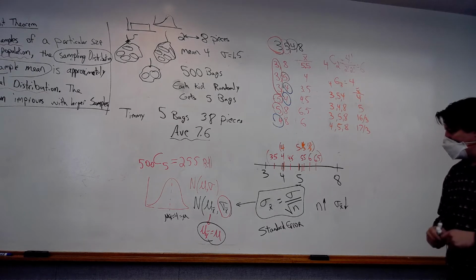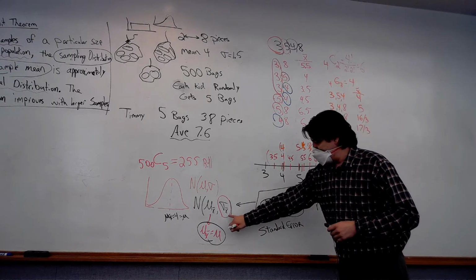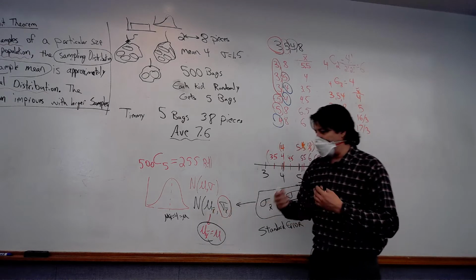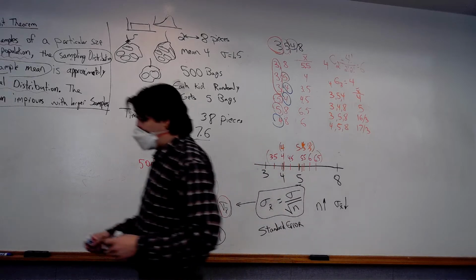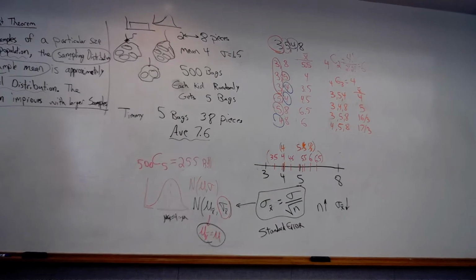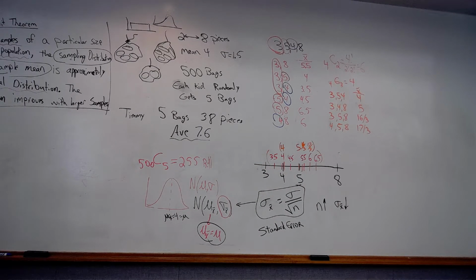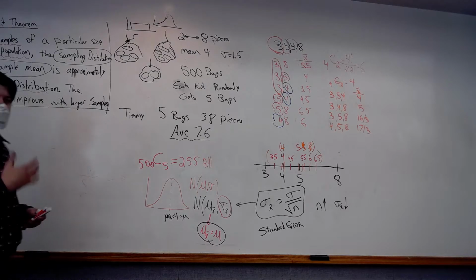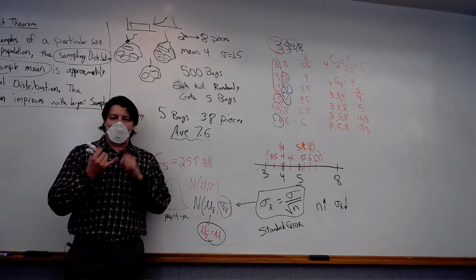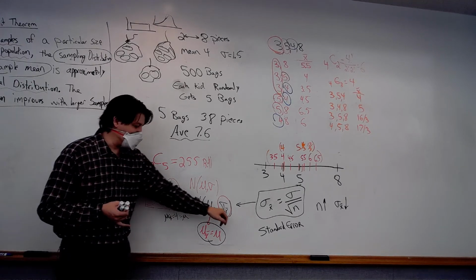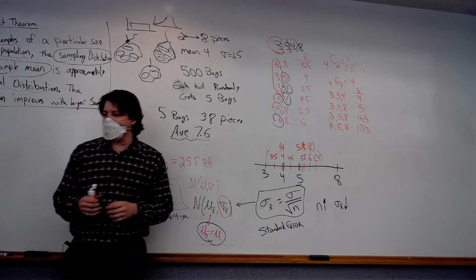Okay, so we now have the standard error, and we have a way to describe the mean of this distribution. Why that's helpful is that all that's left to do is apply our methods from chapter 7. We now have a normal distribution, and we know the mean and the standard deviation of that normal distribution.